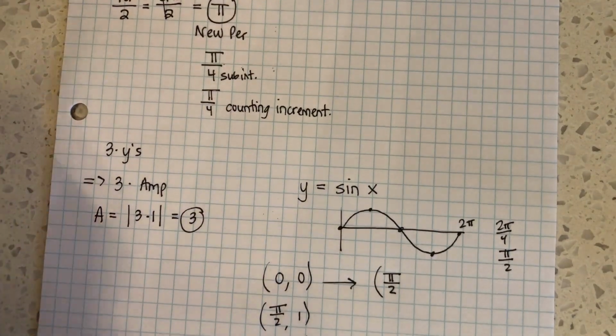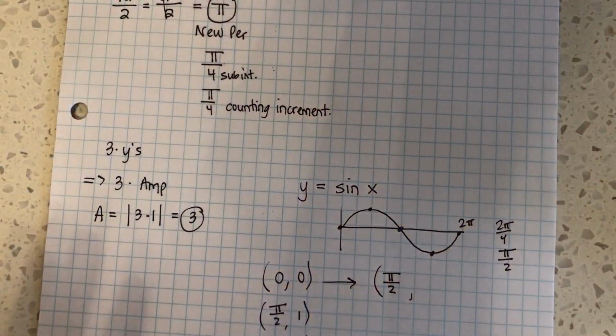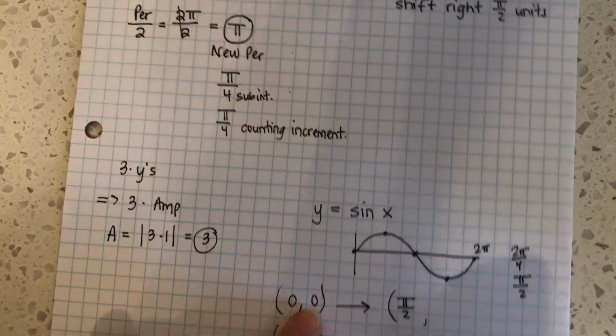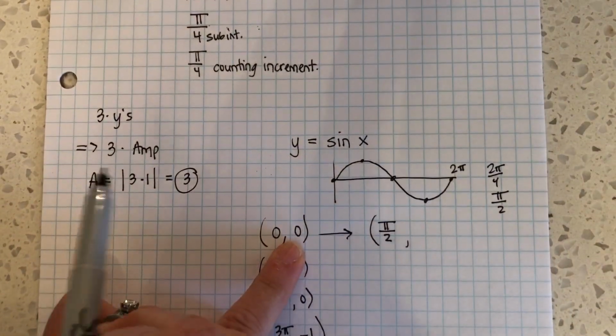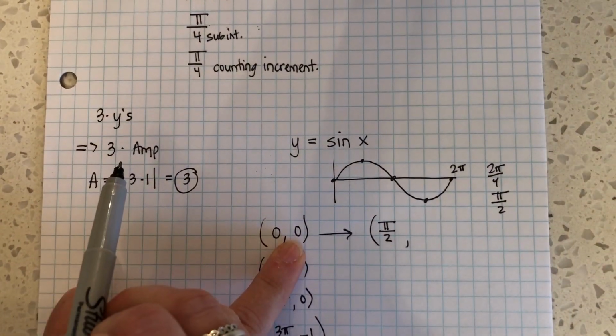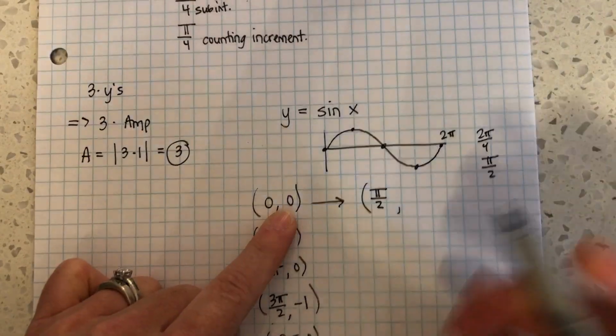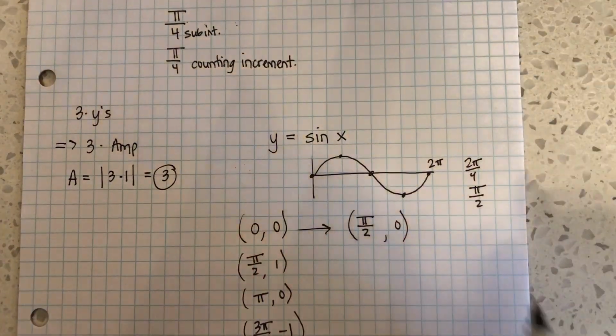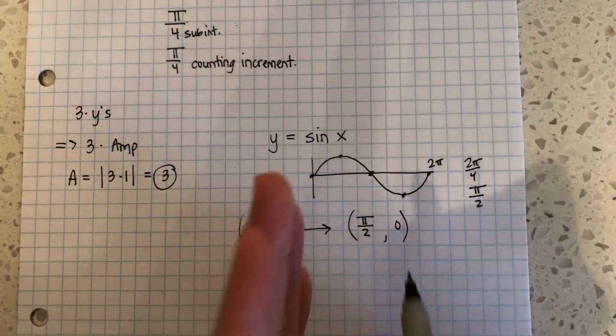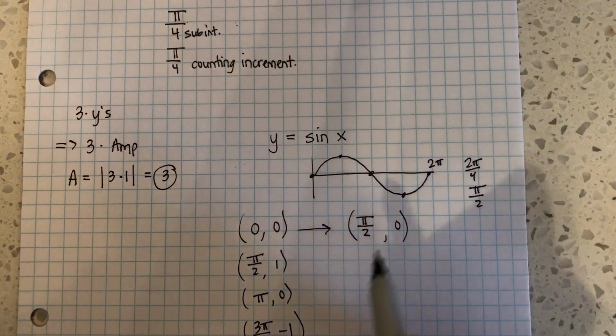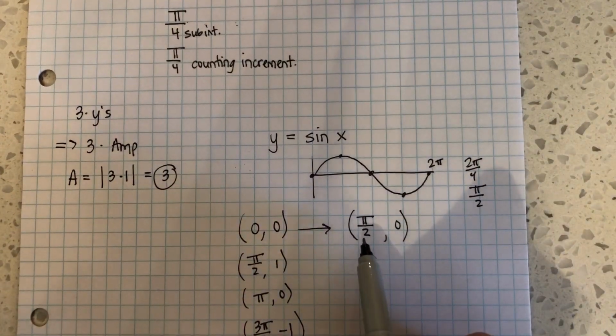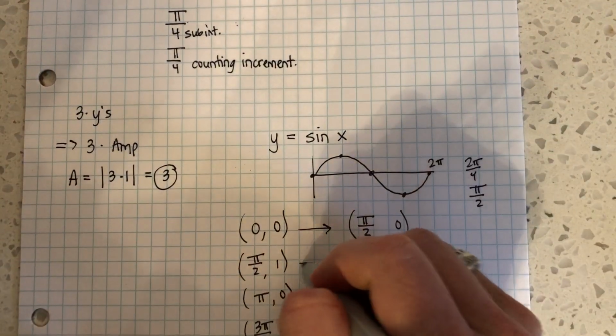All right, and then we'll finish them and then we'll graph them. All right, now you're 0. You're going to take your y-coordinate 0, and the only thing you have to do to the y's is times it by 3. So 0 times 3 is still 0. So that's the first point on the transformed graph. His first cycle is going to start at an x value of pi over 2.